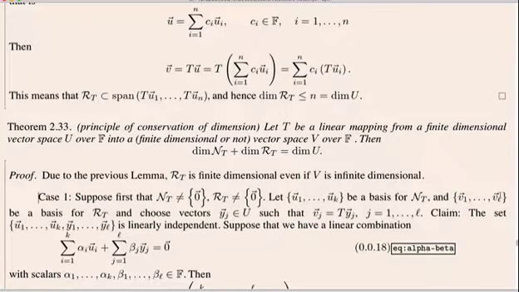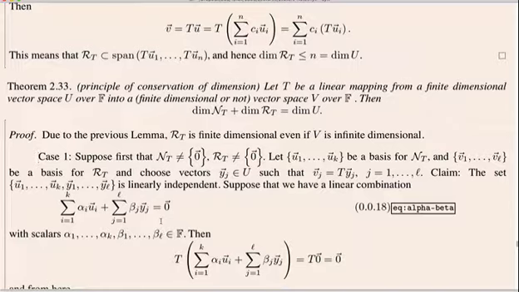Since these basis vectors v_1, ..., v_l are in the range, there should be such y's as j goes from 1 to l. Then the claim is that the set u_1, ..., u_k, y_1, ..., y_l is linearly independent.